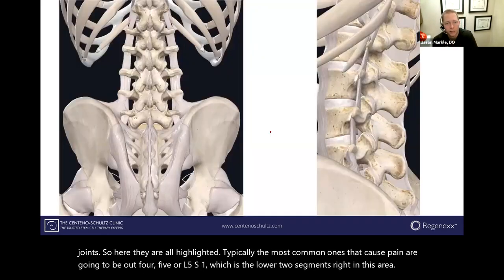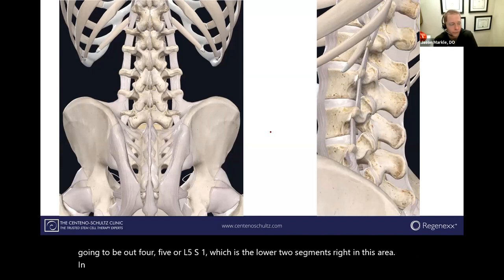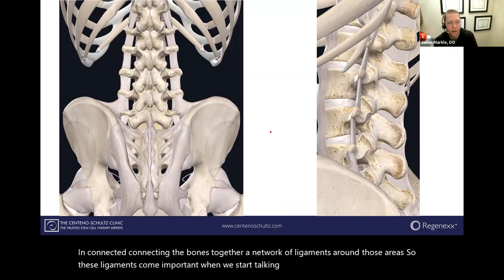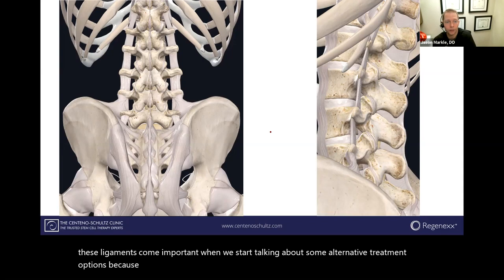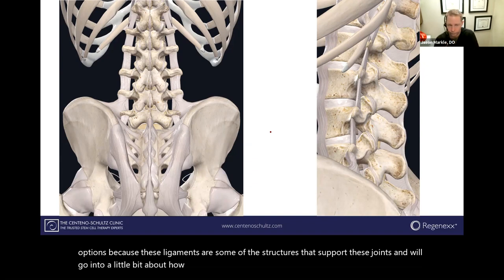And connecting the bones together are a network of ligaments around those areas. So these ligaments become important when we start talking about some alternative treatment options, because these ligaments are some of the structures that support these joints, and we'll go into a little bit about how exactly we treat those.